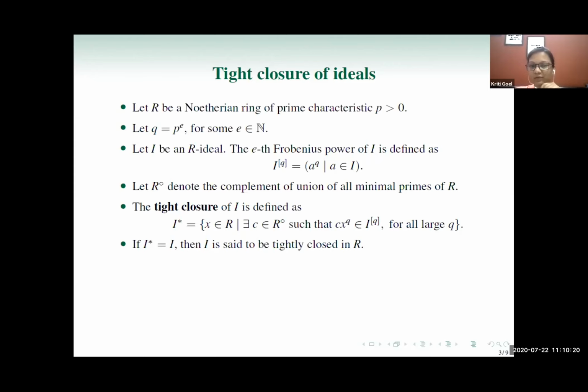Moreover, if I is equal to I star, then the ideal I is said to be tightly closed.